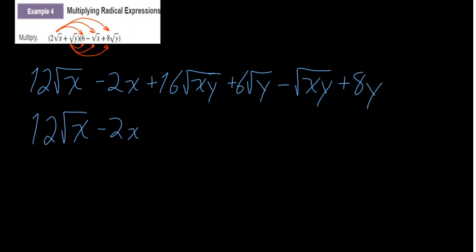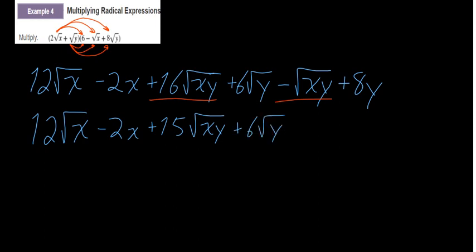But we do have like terms here: 16 on the square root of xy, and then a minus, again an implied 1 on the square root of xy. So that is plus 15 on the square root of xy, and then plus 6 on the square root of y, and then plus 8y. Looks good to me.